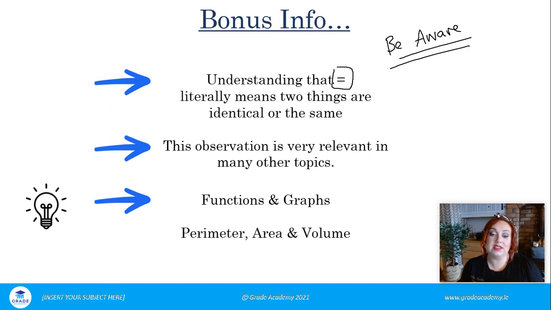Those two topics really do use this idea of, well, if something is equal, well, I can swap them out and alter it slightly. So that idea is very important. When we get to that stage, we will revisit it again, so don't worry, but just be aware of what the equal sign actually means, all right?